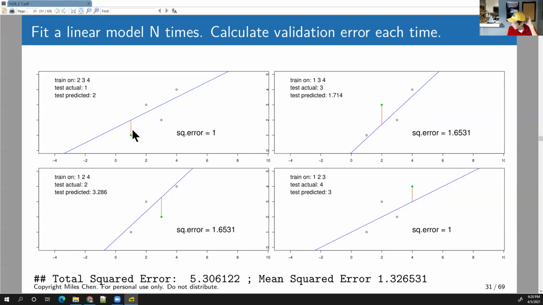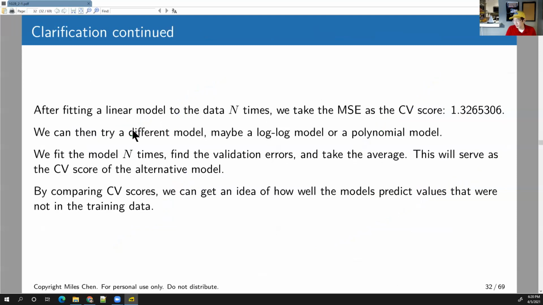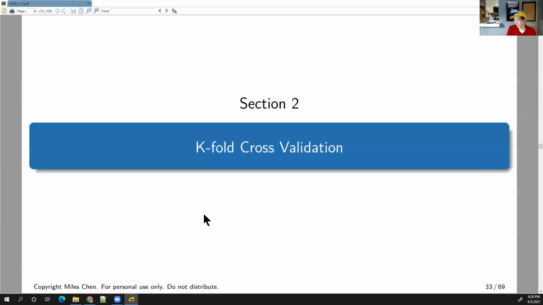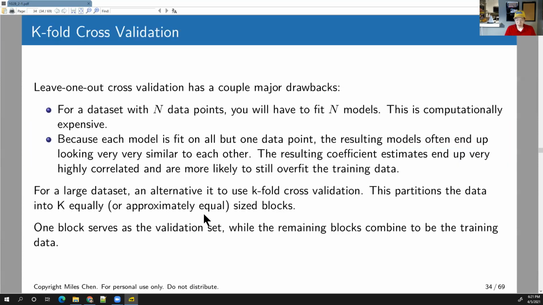So this is all to say, you'd fit it to other models, calculate your cross-validation score, and compare models in that way. Again, the issue with leave-one-out cross-validation is that if you have a very large data set, you're going to have to fit the model n times, which can be computationally very expensive.